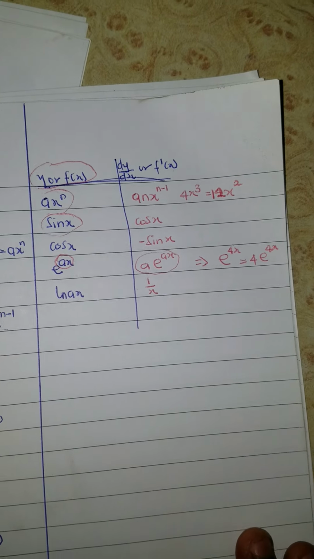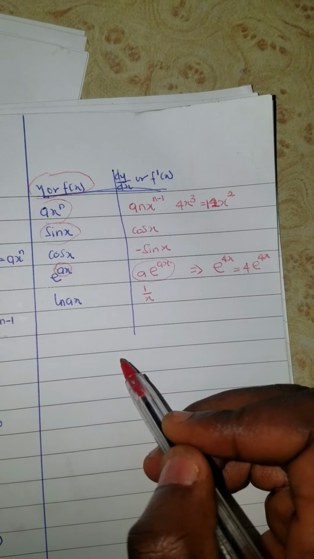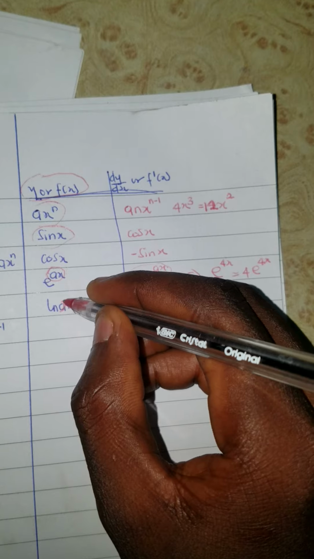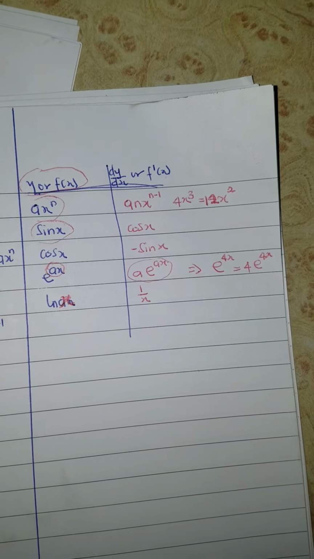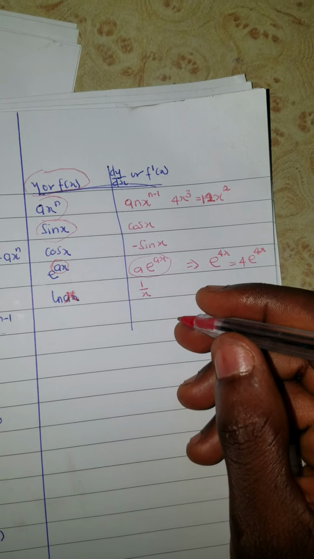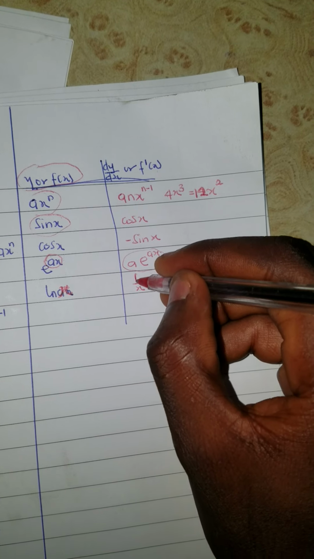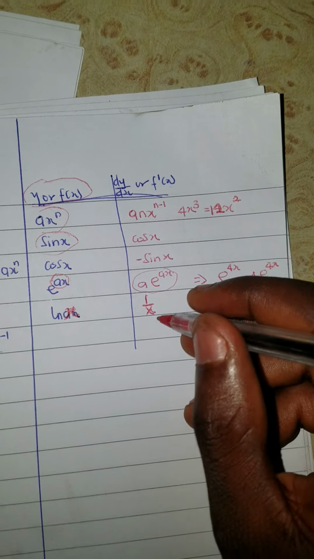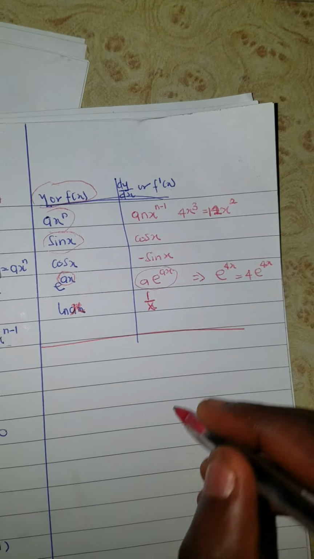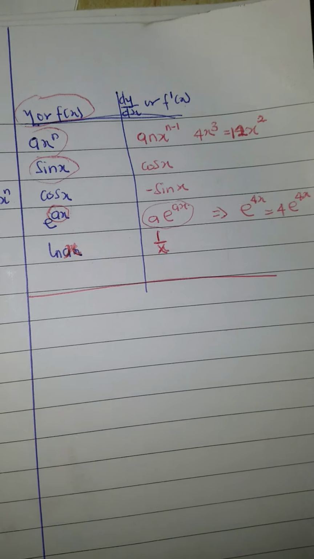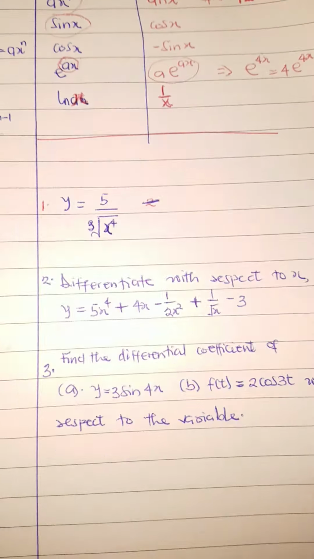And whenever you are given ln x to differentiate, you're going to get 1 over x. Please keep these in your head, and then you don't forget about them.